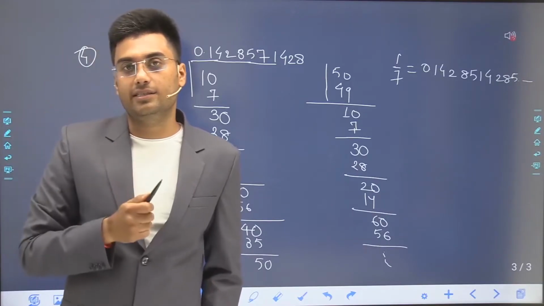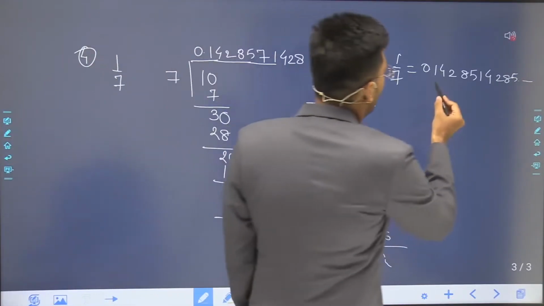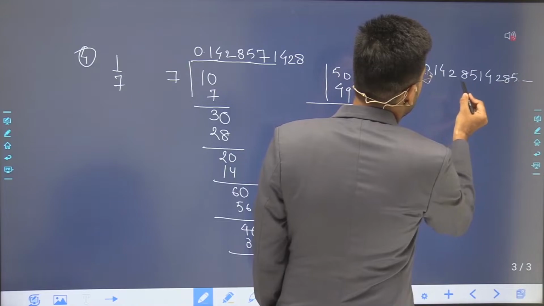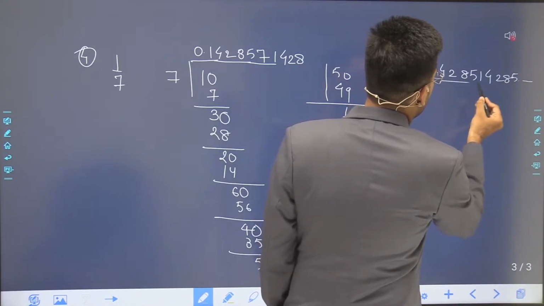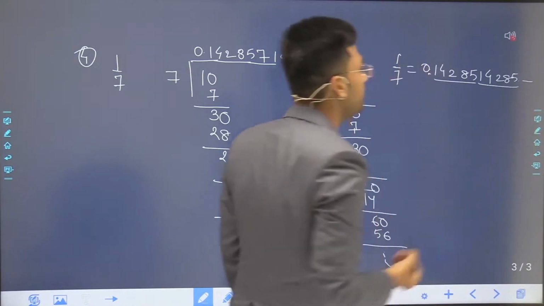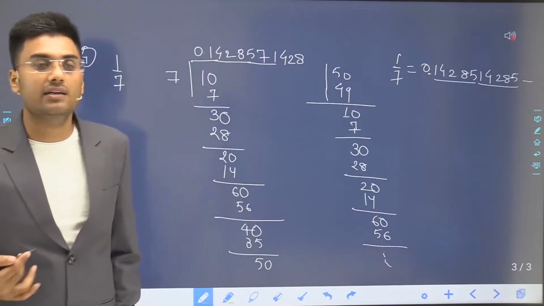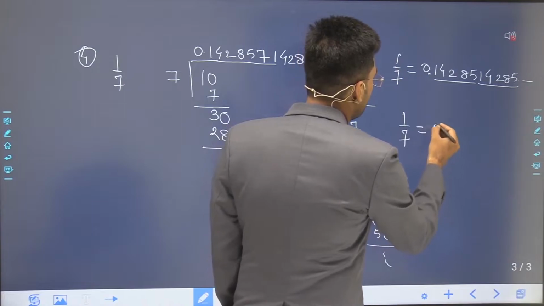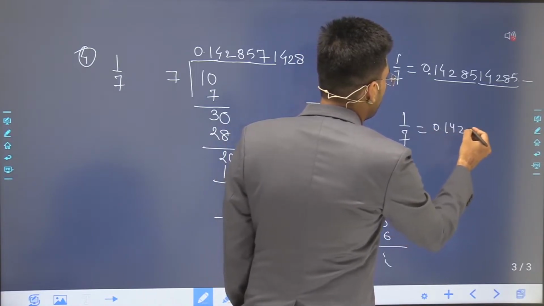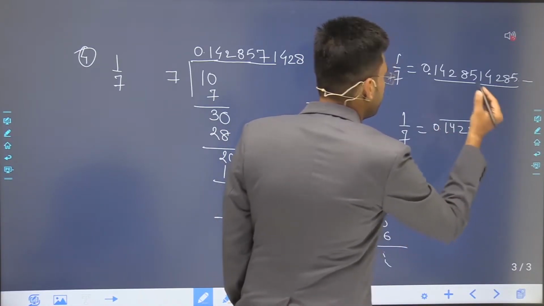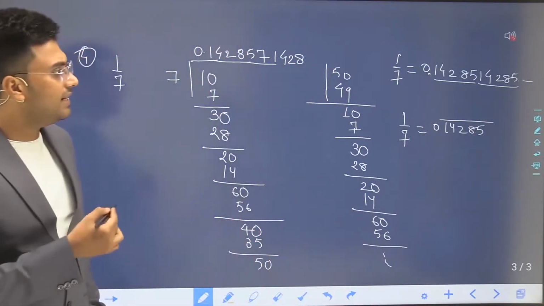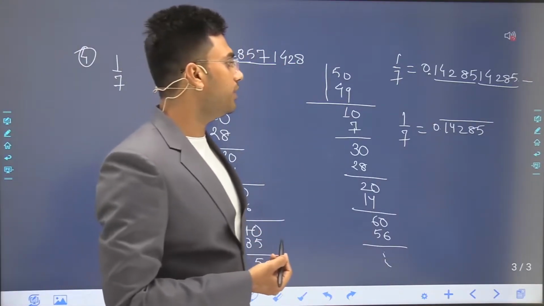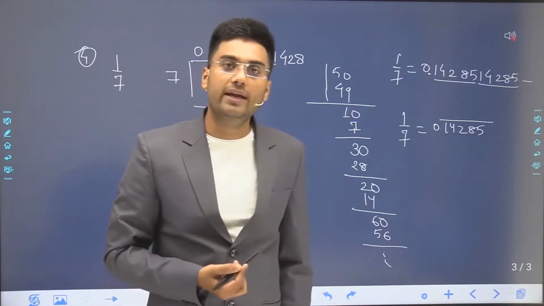Here it repeats 1 2 3 4 5, means 14285, 5 digits are repeated, and we can write it as 1 upon 7 is equal to 0.14285 bar.